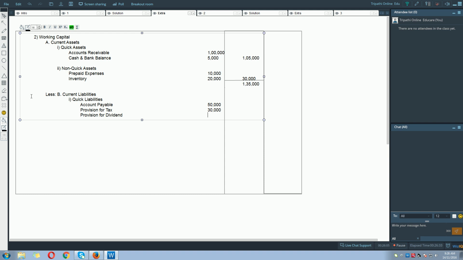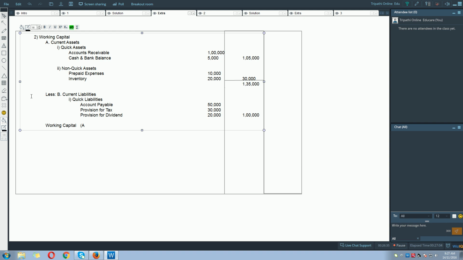Then provision for tax, 30,000. Then provision for dividend, that is 20,000.